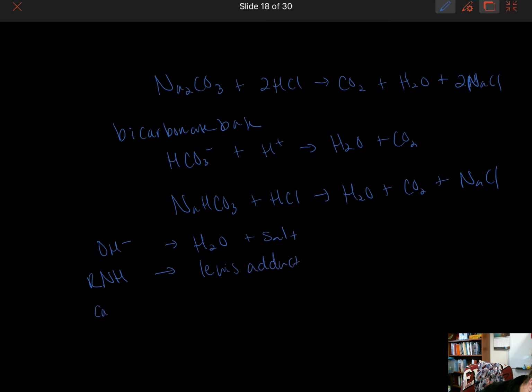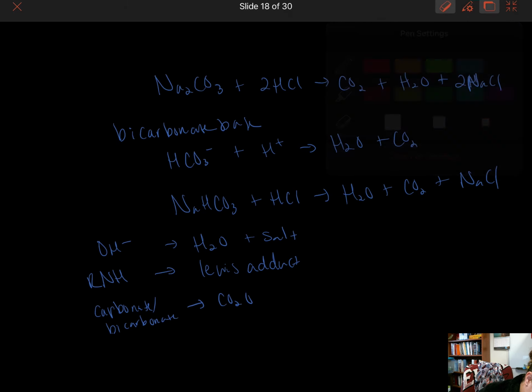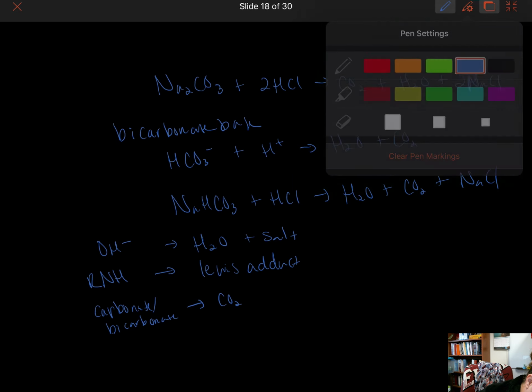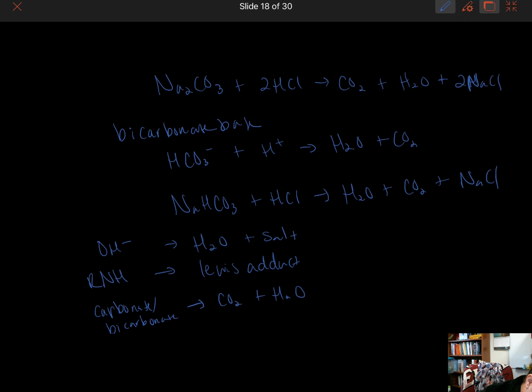And bicarbonate is going to produce CO2, water and a salt. So our Lewis adduct, by the way, is a salt. So all of them will produce a salt. Hydroxide and carbonate will produce water as well, and then carbonate will produce CO2.